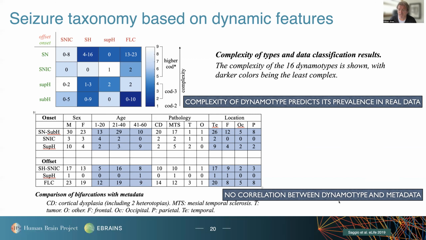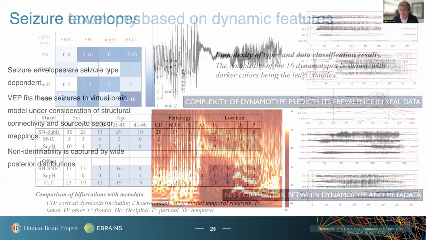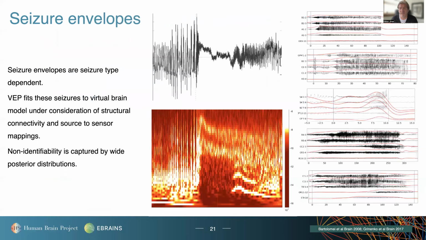It does not correlate though in any way with the clinic. So that was kind of disappointing, because we had hoped for this, but this is not the case. But it follows at least the scheme of the complexity as observed in the dynamics.